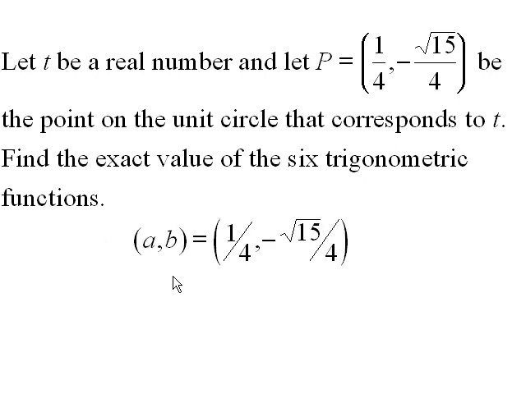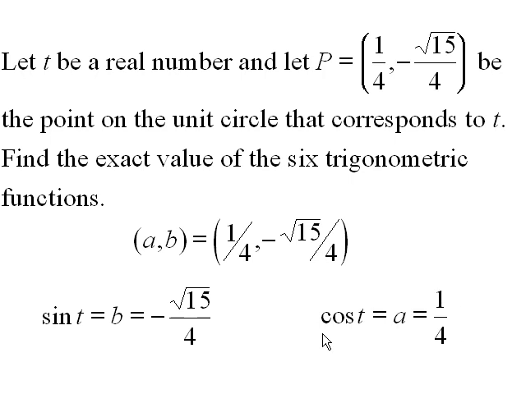We have immediately that the point's coordinates A, B are the values of the cosine and sine. So sine is the y-coordinate, that was the number minus root 15 over 4, and cosine was the x-coordinate, the value A, that was 1/4. Well, we know how sine and cosine relate to values of other trig functions.